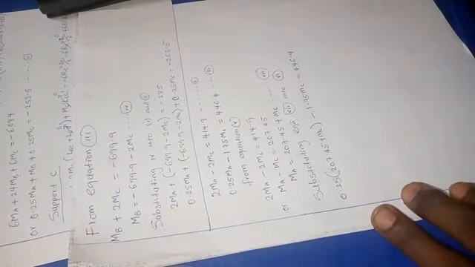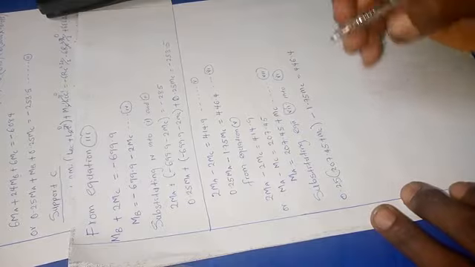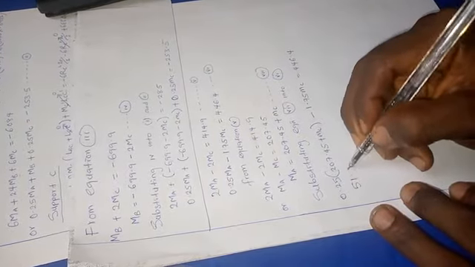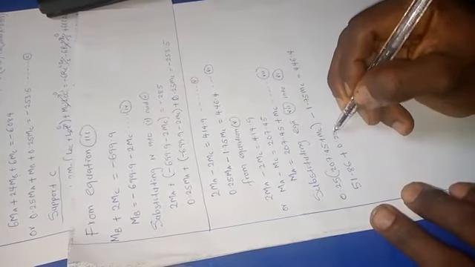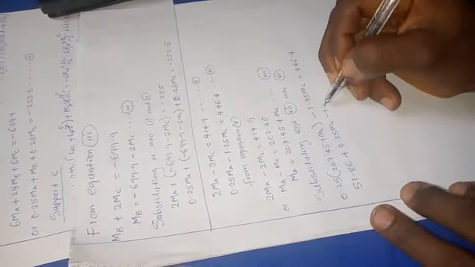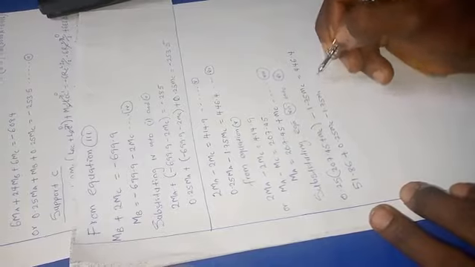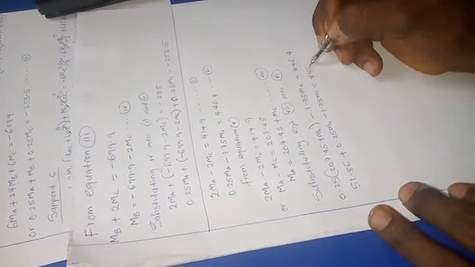Opening this bracket, I have 0.25 times 207.45, which gives me 51.86, plus 0.25 MC minus 1.75 MC equal to 446.4.